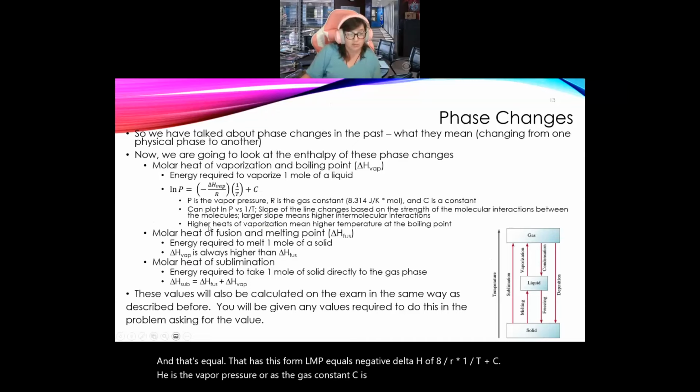We can plot ln of P versus 1 over T. The slope of the line changes based on the strength of molecular interactions between the molecules. Larger slope means higher intermolecular interactions. Higher heats of vaporization mean higher temperatures at the boiling point. So you may get asked, look at this plot, you have two things on it.